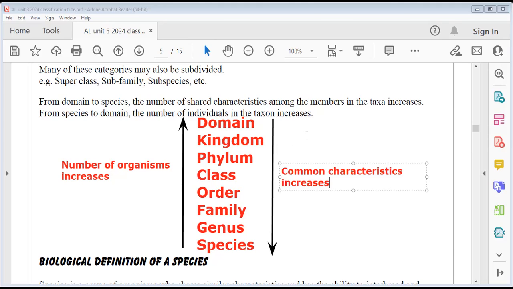Yes, sir. Complete it. They will ask you MCQ questions using this. Which one of the following would have more common characteristics? Which one of the following would have more organisms?